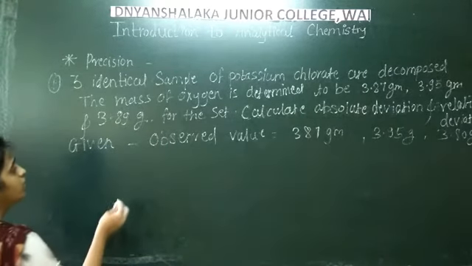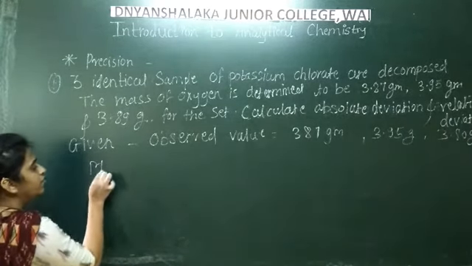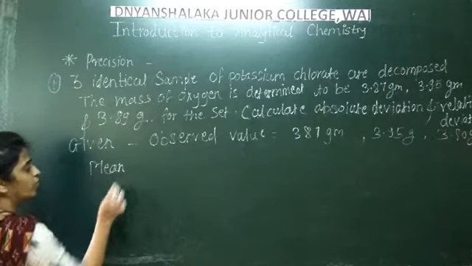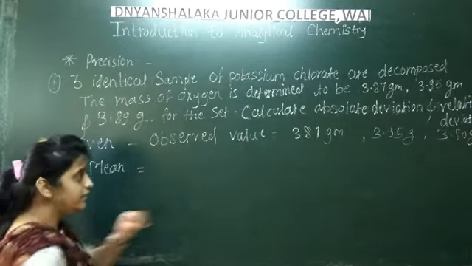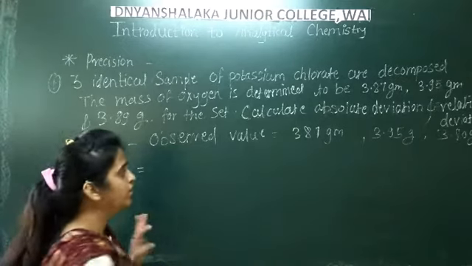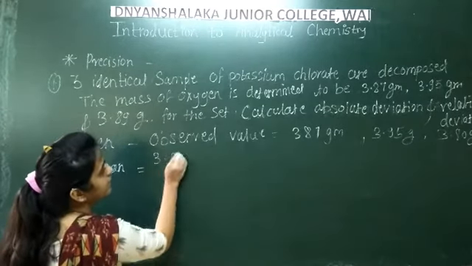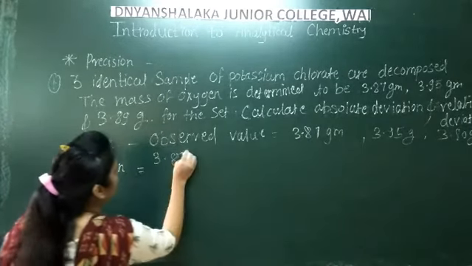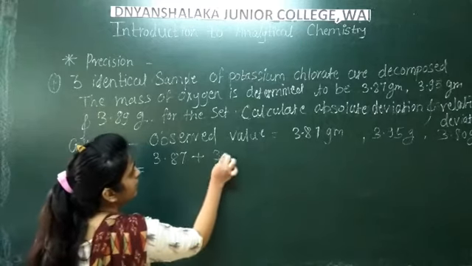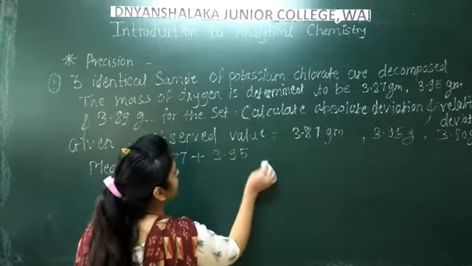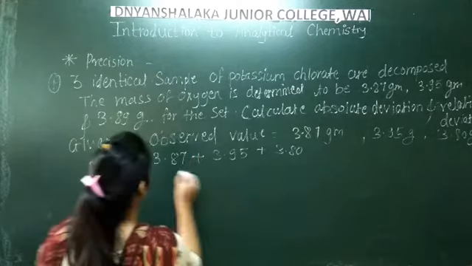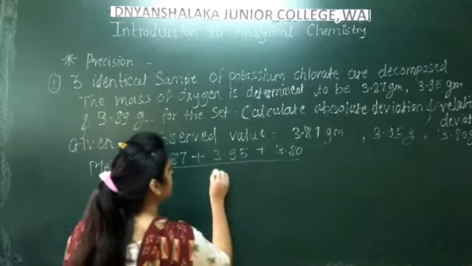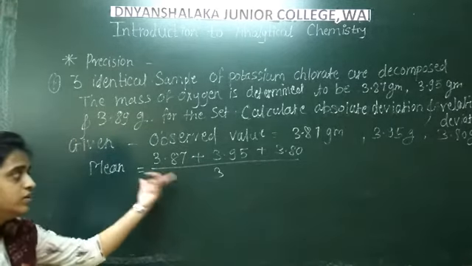First we calculate the mean of all observed values. Adding these three values and dividing by 3: 3.87 gram plus 3.95 gram plus 3.80 gram, divided by 3.